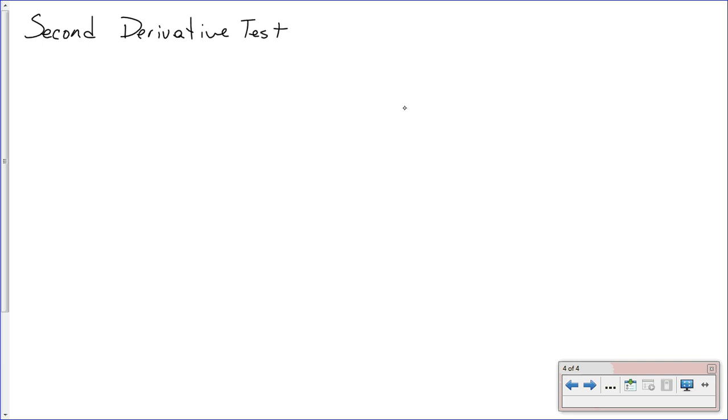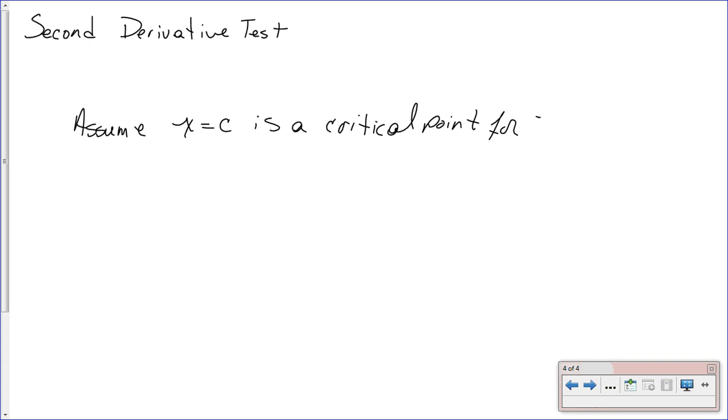The second derivative test. So assume x equals c is a critical point for f of x.